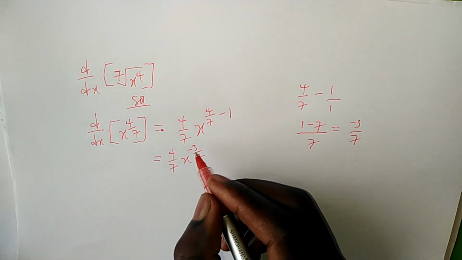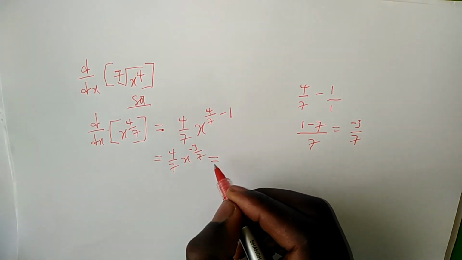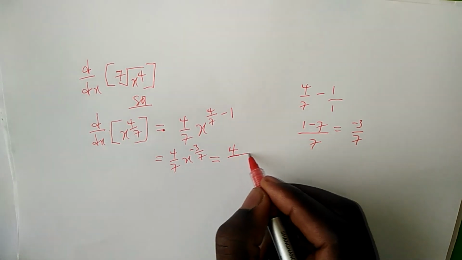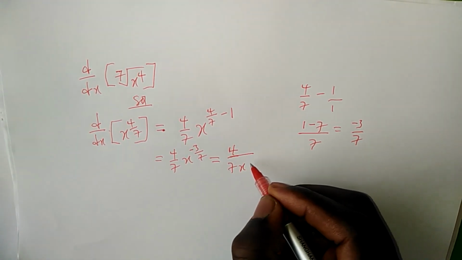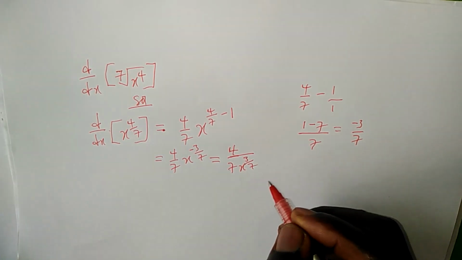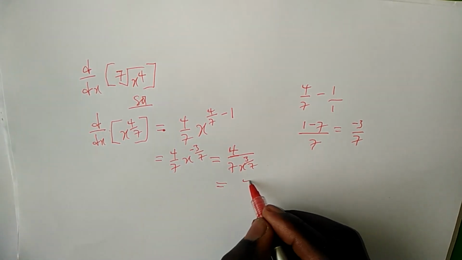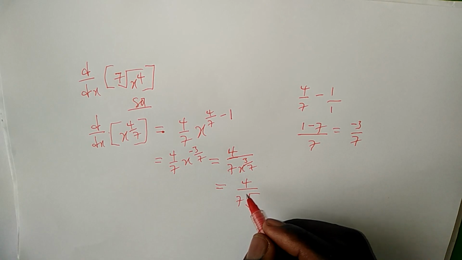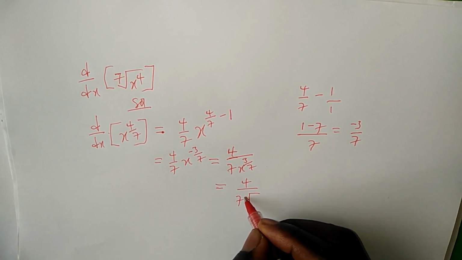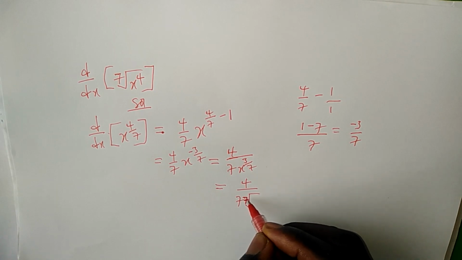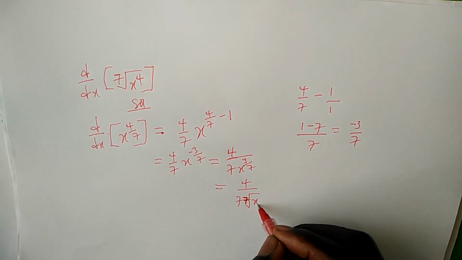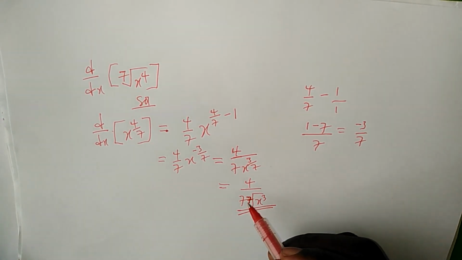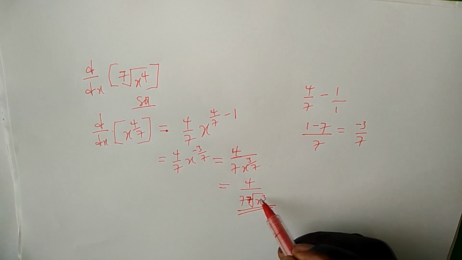Because our exponent is carrying a negative sign, we can rewrite this as 4 over 7 x to the power 3 over 7. You can also write it as 4 over 7 times the 7th root of x raised to power 3. This is how we write the final answer. Our final answer will be 4 over 7, the 7th root of x raised to power 3.